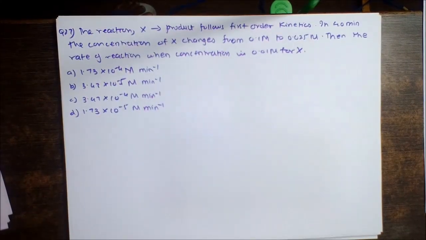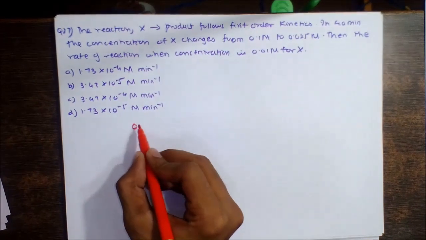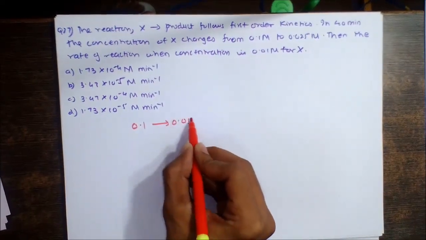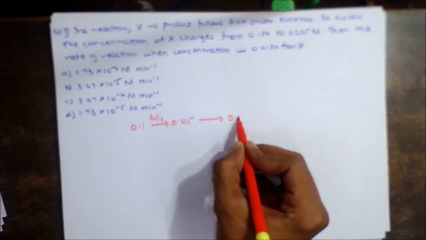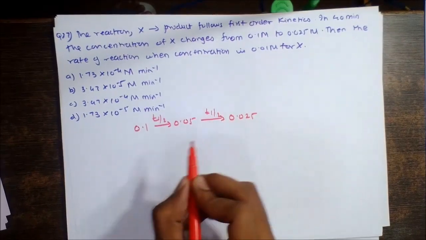Question 27. The reaction X becomes product follows first order kinetics. In 40 minutes, the concentration of X changes from 0.1 molar to 0.025 molar. Find the rate of reaction when concentration is 0.01 molar for X. Now, concentration changes from 0.1 molar to 0.025 molar in 40 minutes. 0.1 molar to 0.05 molar would take one half-life. 0.05 molar to 0.025 molar will take another half-life.